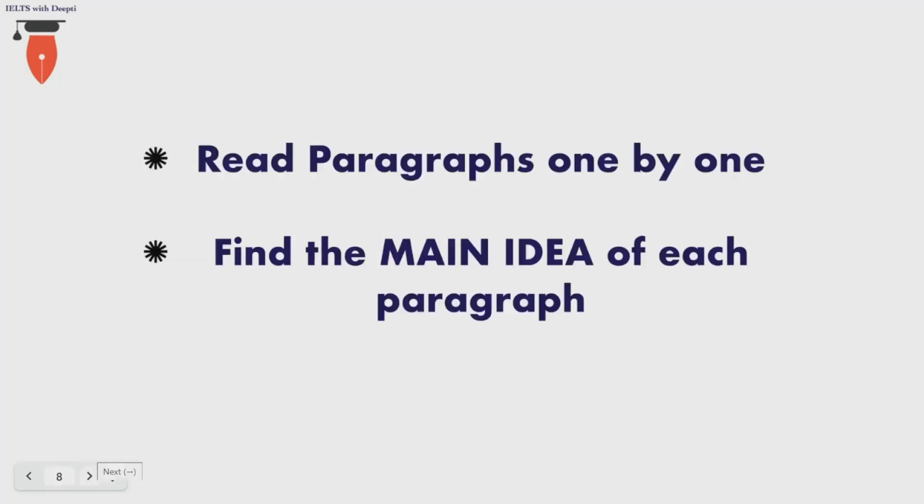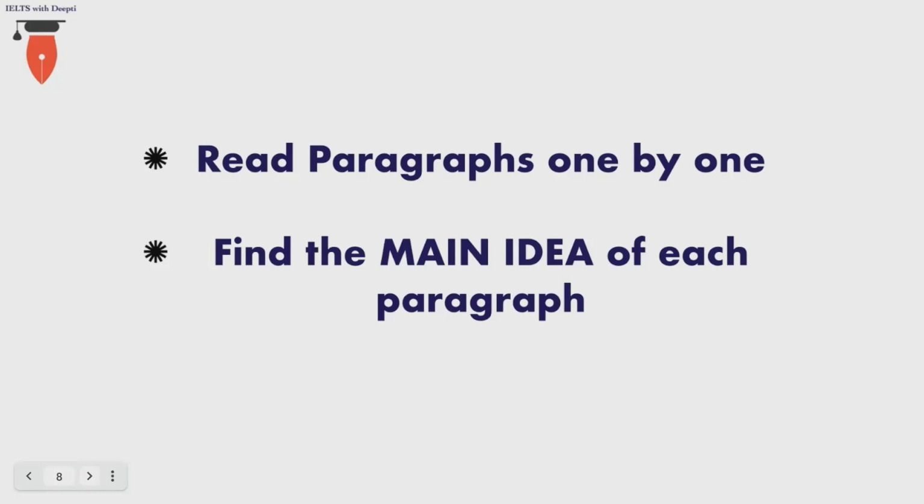After you have done this kind of analysis of the options that have been given to you, you start reading the passage, but make sure you don't read the passage all together. Go paragraph by paragraph. So read paragraph A first, then look at the options, identify, then paragraph B, look at the options, identify the correct choice.